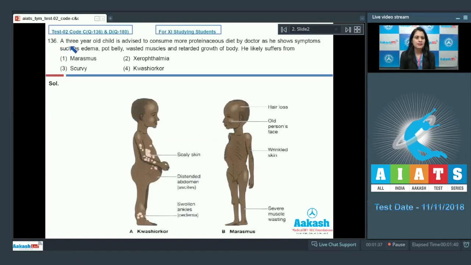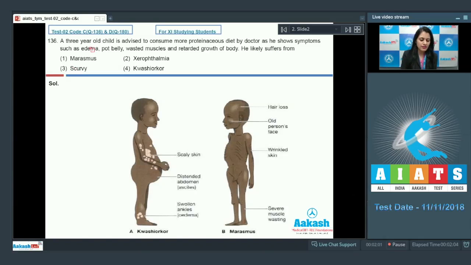Question number 136. A 3-year-old child is advised to consume more proteinaceous diet by doctor as he shows symptoms such as edema, pot belly, wasted muscles and retarded growth of body. He likely suffers from.